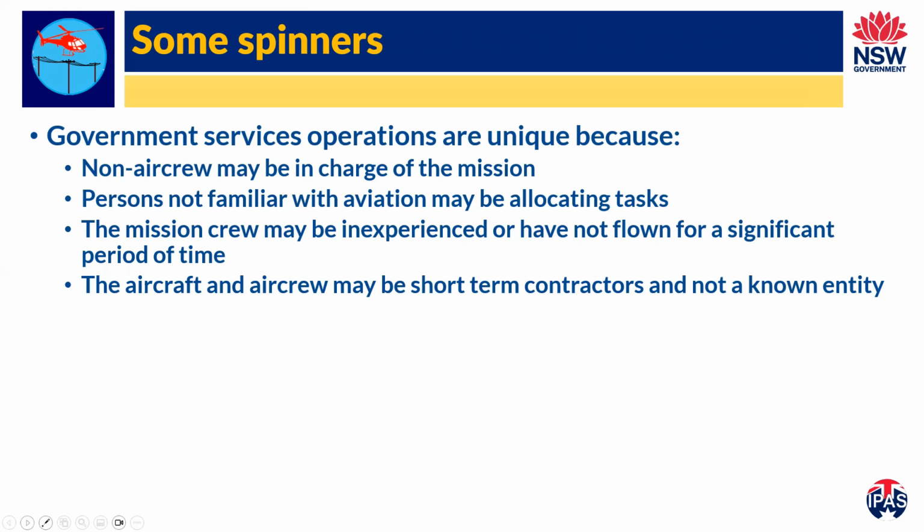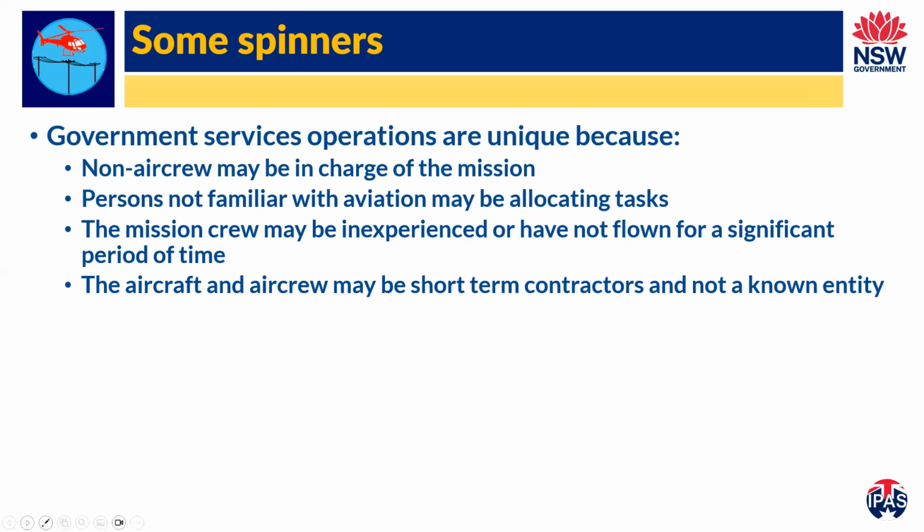The fourth dot point there, the aircraft and the aircrew may be short-term contractors. Well, heli surveys. You should be working in a squirrel helicopter, so you should be familiar with the style of aircraft. Although one squirrel performs differently to another, an earlier model squirrel may not have the same power as the later model squirrels. From memory, you guys need BA squirrels as B3 squirrels as a minimum, so they're quite powerful.